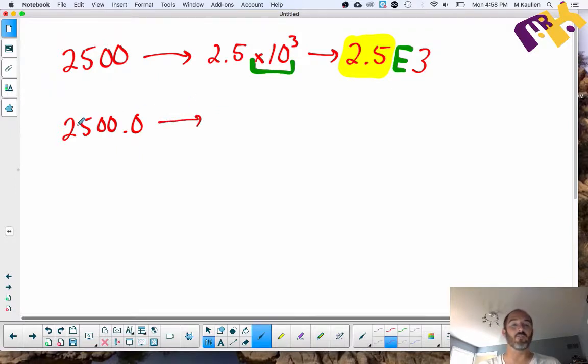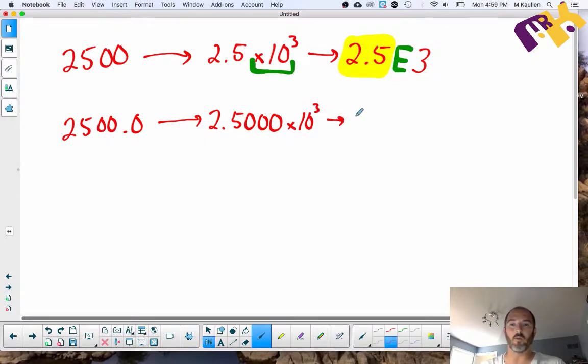All right, to move this into scientific notation, now because this decimal is here, by the rules of scientific notation, I am obligated to keep all of this stuff in my coefficient. So when I convert this, it'll become 2.5, and I have to keep the 0, and the last 0. And then that's going to be times 10 to the third, as we had done before.